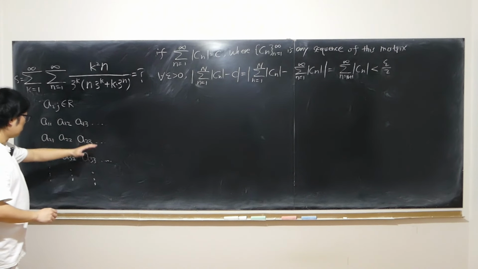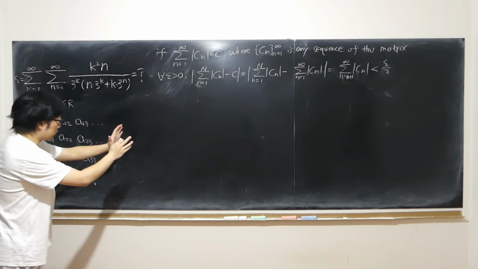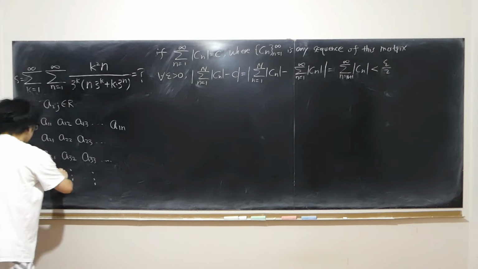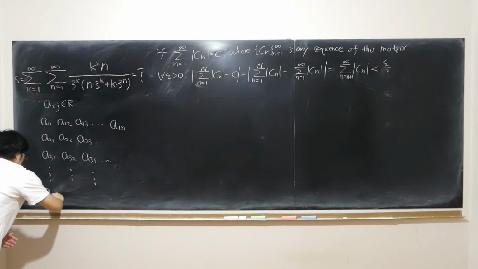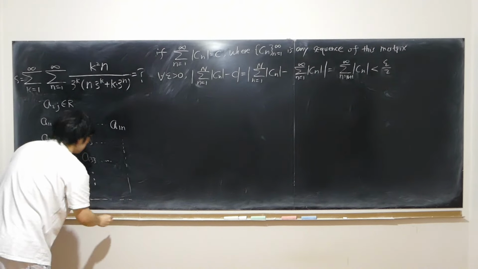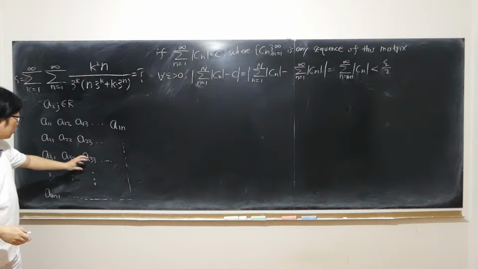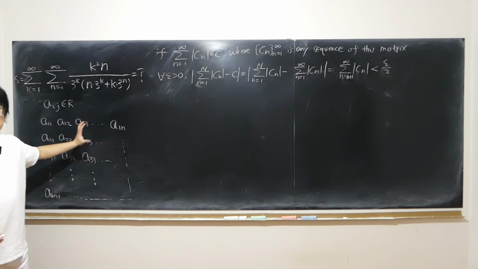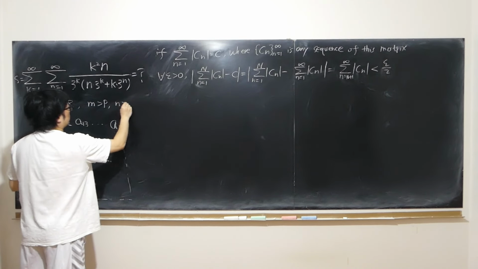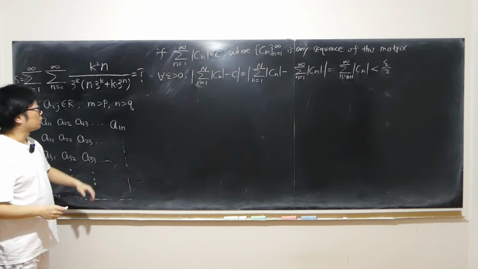Then we can extend it all the way to a_1N, extend it all the way to a_M1, some rectangular matrix that's big enough to cover c1, c2 all the way up to c capital N. This is definitely doable. So M is big enough, N is big enough, P and Q are some fixed natural numbers.